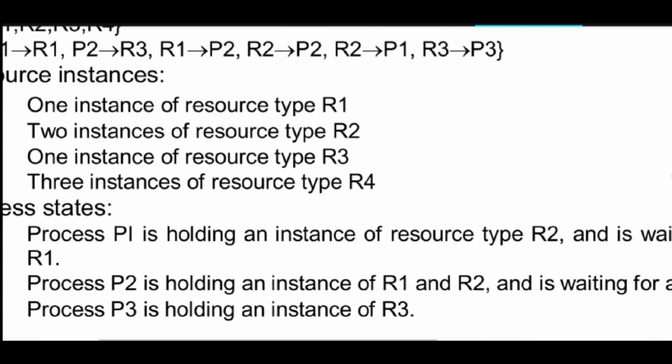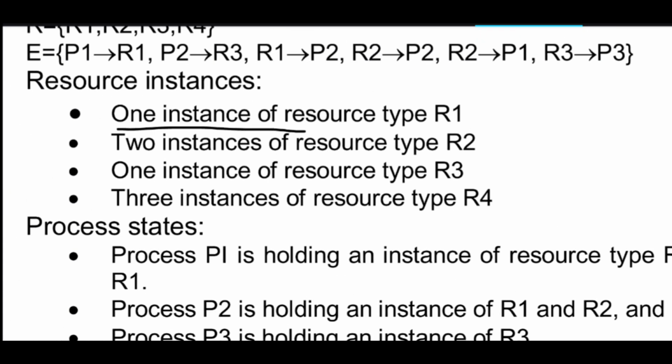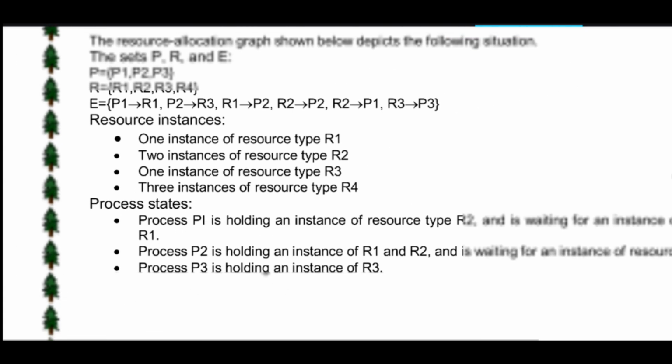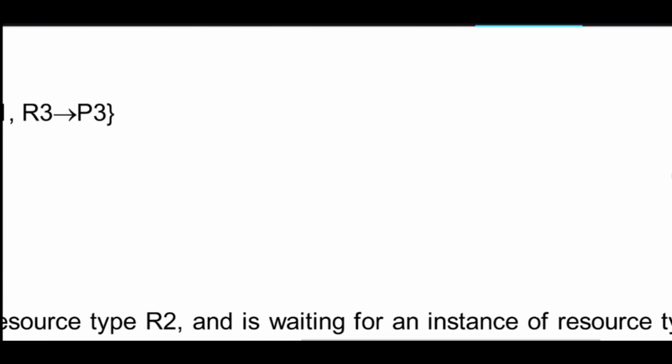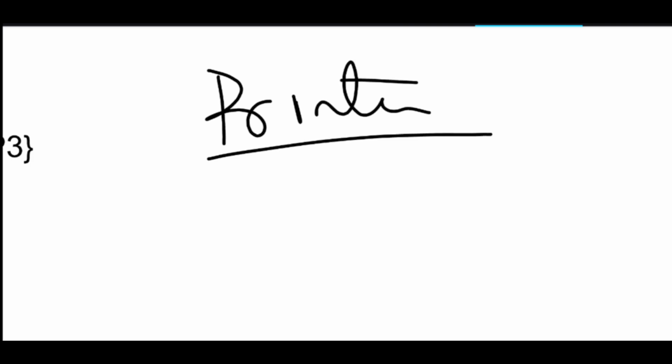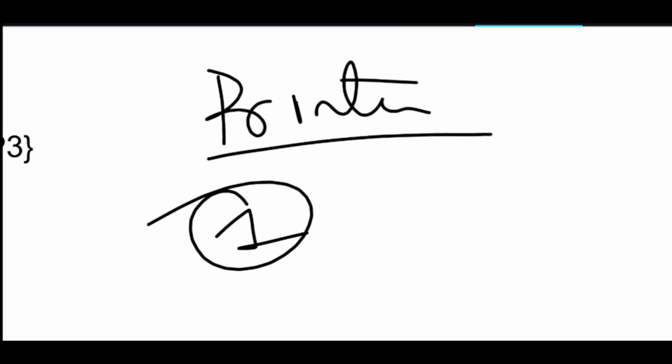Then here is something written: one instance of resource type R1. What do you mean by instance? Sometimes students may be confused about what an instance of a resource is. If I say I need a printer as a resource, and there is one printer, then the instance is one.